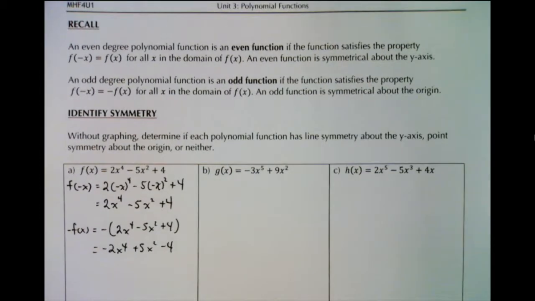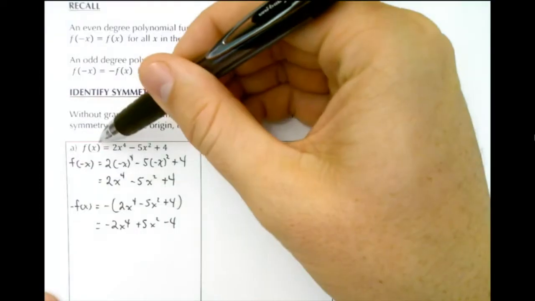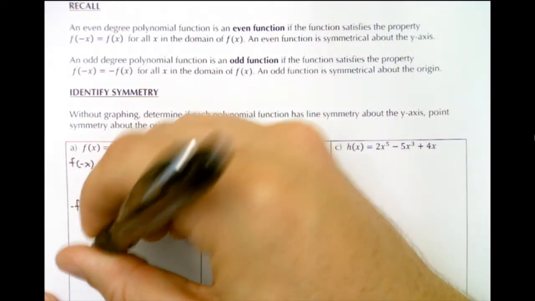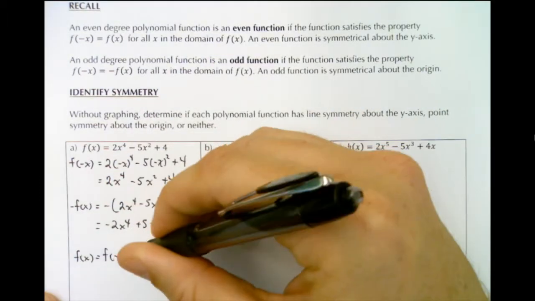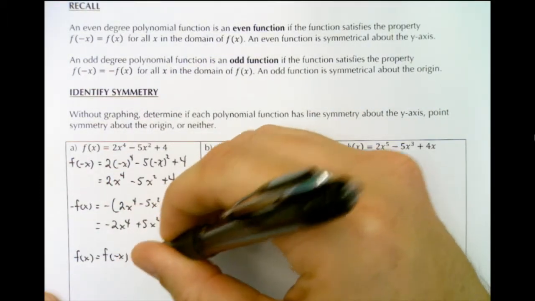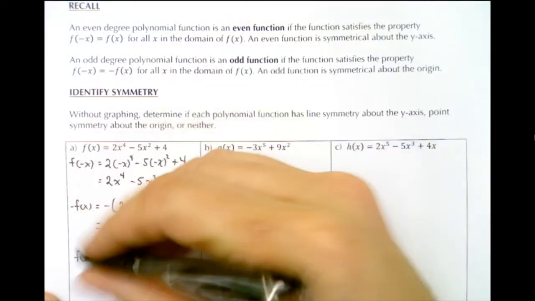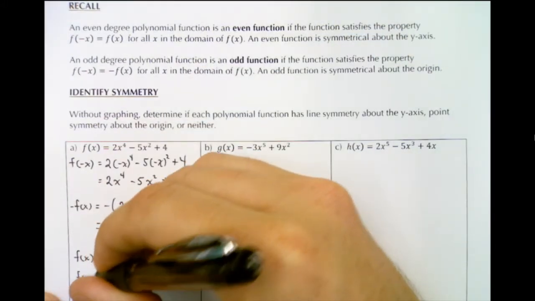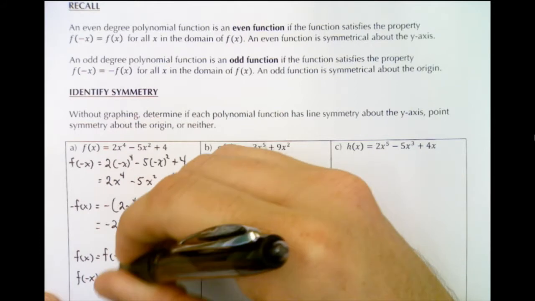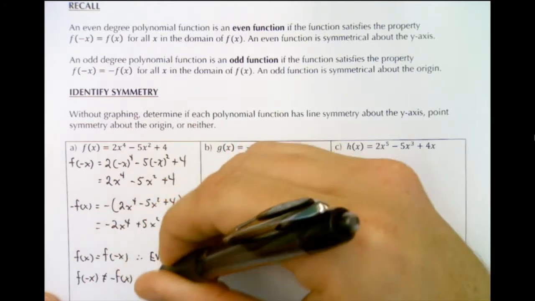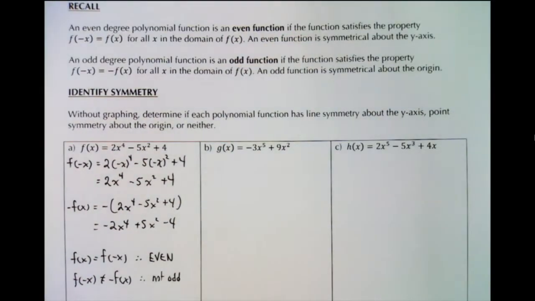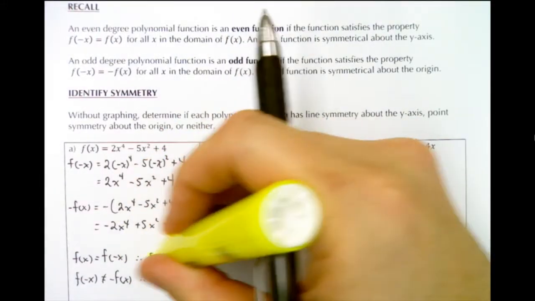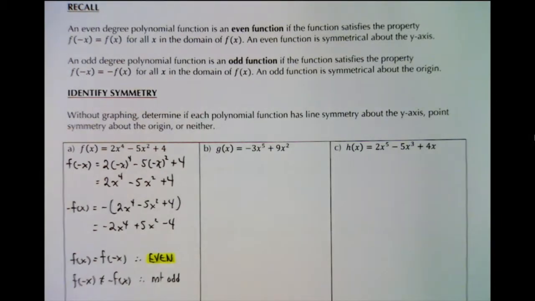Our original function is equivalent to f at negative x, which means we have an even function. And f at negative x does not equal negative f at x. Therefore, it's not odd. So we do have an even function here.